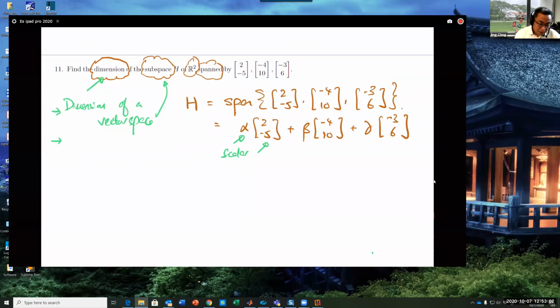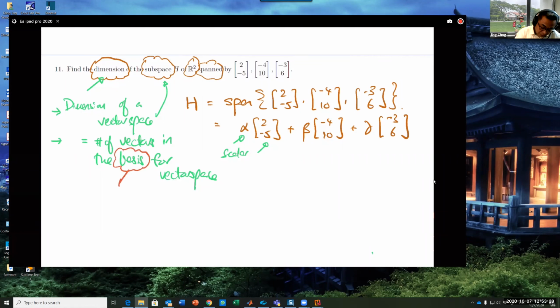So what is a dimension? It is the number of vectors in the basis for the subspace, for the vector space. So you realize that linear algebra is full of terminology, right? First, he tells you the dimension. You have to figure out the dimension of a subspace. Now he's asking you to figure out the basis.